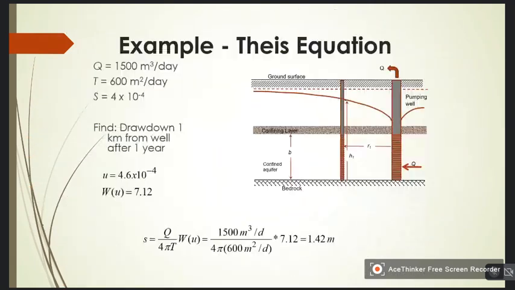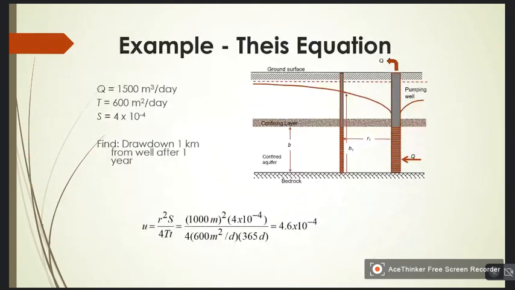See, I have shown this method. See, this is the one. So when you know transmissivity and storage coefficient, then you can use the well function table to determine the drawdown at any location for any time.